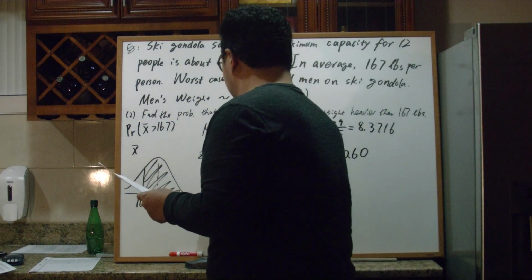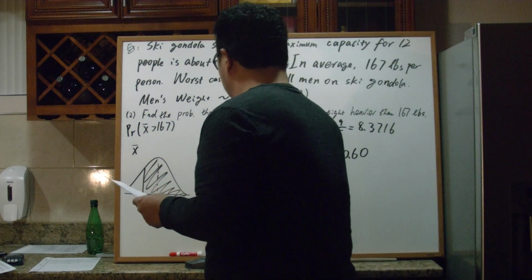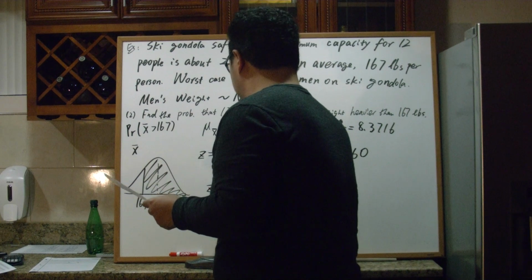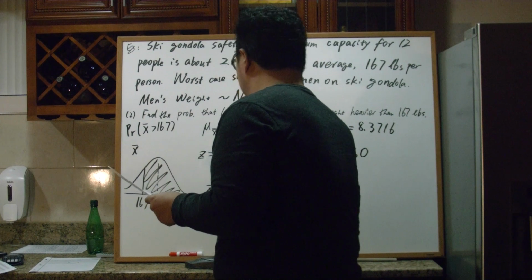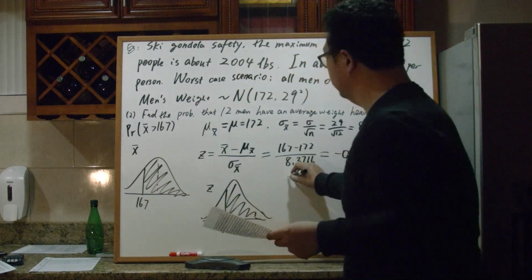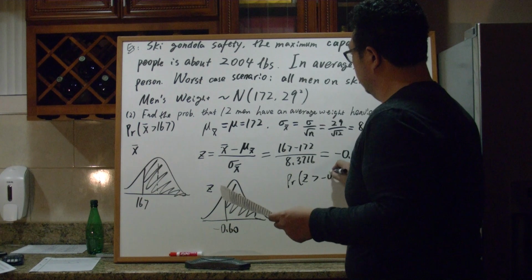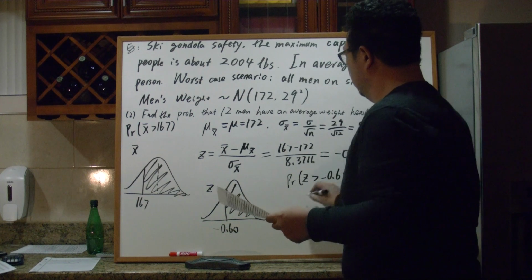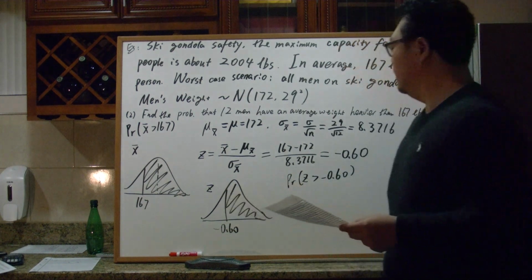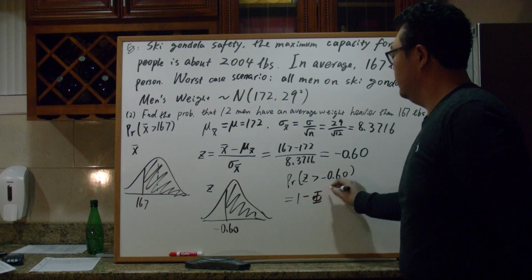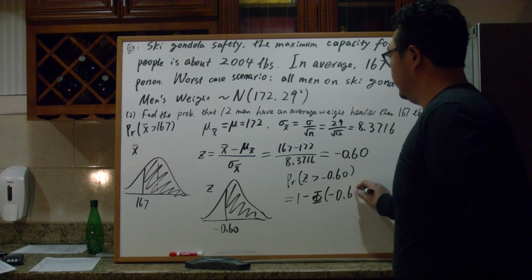So for the z-score, we convert to the standard normal distribution, and look for negative 0.60 and higher. That is 1 minus the table value of negative 0.60.